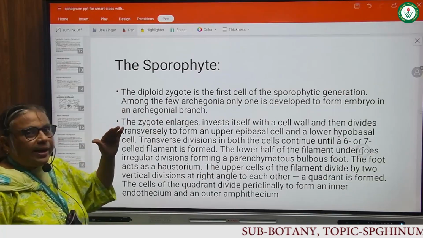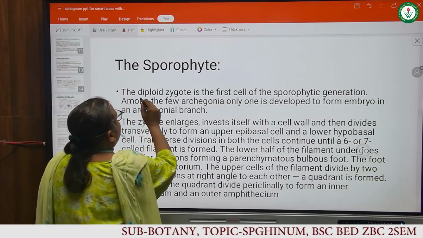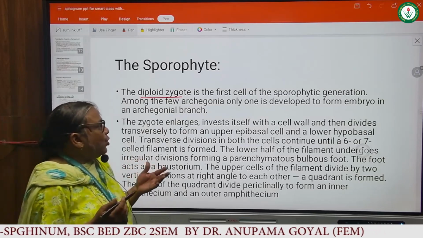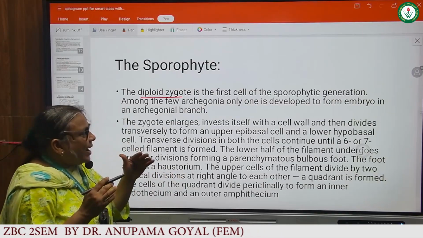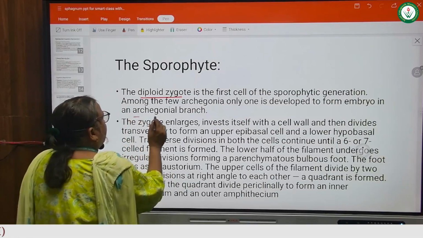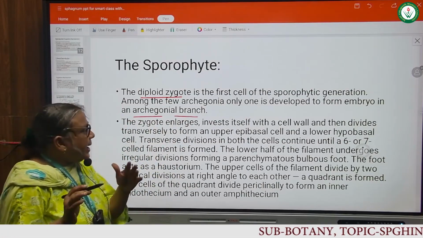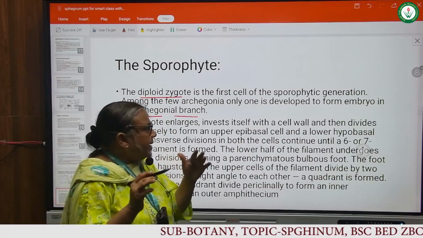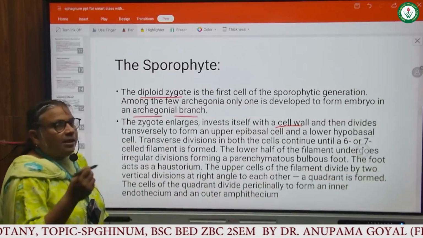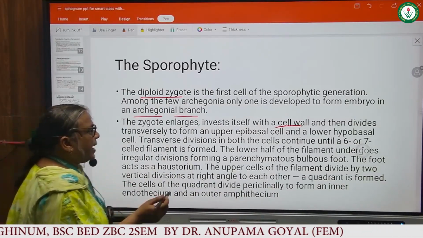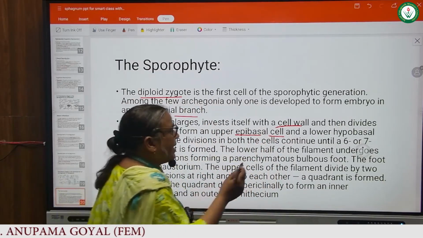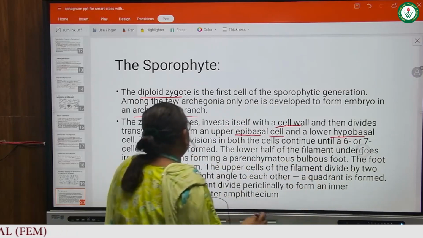Well, the diploid zygote is the first cell of the sporophytic generation. Among the few archegonia, only one develops to form an embryo in an archegonial branch. The zygote enlarges, it invests itself with a cell wall, and then the zygote divides transversely to form an upper epibasal cell and a lower hypobasal cell.